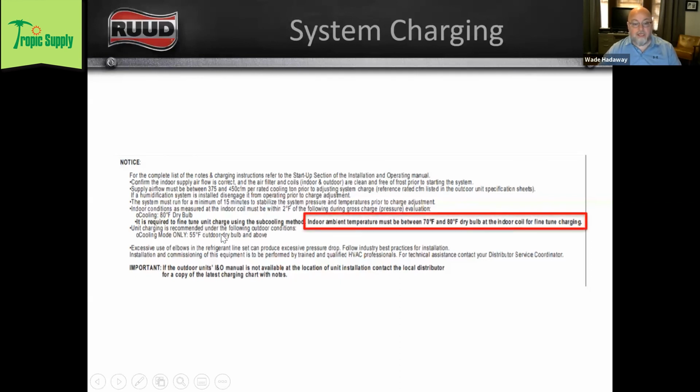For the final charge, or our subcool number, your indoor temp needs to be between 70 and 80 degrees in order to set your final charge. If you think you're going to be able to dial your subcooling number in based on what the charging chart tells you, and it's 90 degrees inside the house, you're going to overcharge the unit.